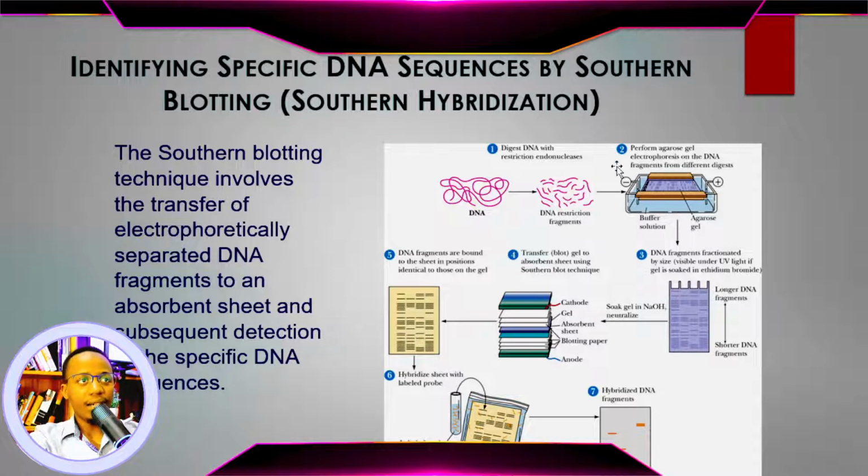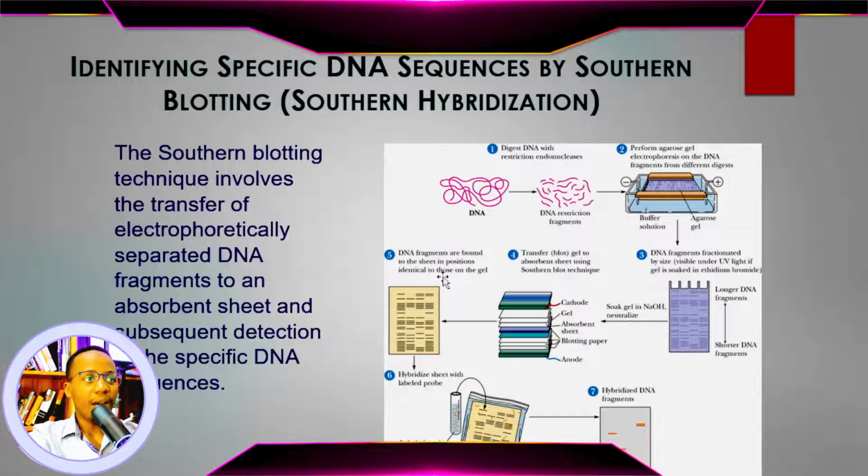You cut your DNA into fragments using restriction enzymes. You run your DNA on the gel, and then you're going to transfer. And this is pretty cool: you transfer your DNA from the gel to a film, a little paper film.